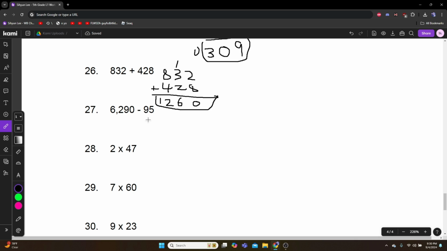For 27, 6,290 minus 95, get the 10, 5, we have to carry it over, so this becomes 8, and then since we don't have enough, we have to add 10, carry it over. So 18 minus 9 is 9, bring the 1 down, bring the 6 down. So we get 6,195.